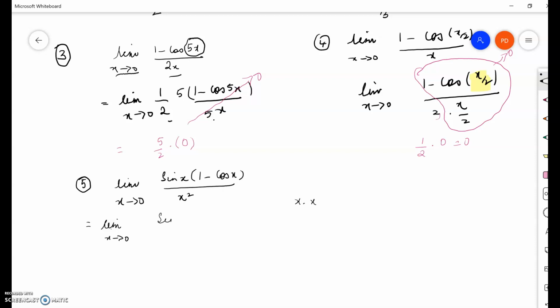So we have sin x times 1 minus cosine of x divided by x times x. So clearly when we take the limit, we have sin x over x as x approaches 0 equals 1. So if I take the limit, that becomes 1. When I take the limit of this, that becomes 0. So this is equal to 1 times 0, which is equal to 0.